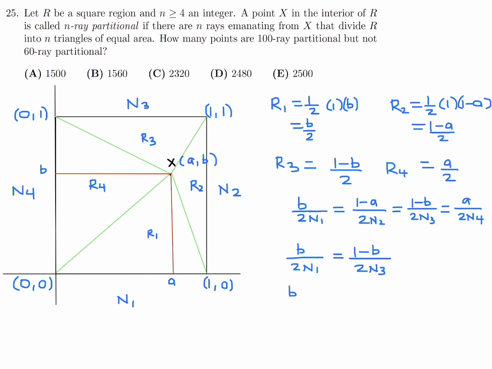So I will only need to cross multiply B with N3. And then this will become N1 minus B N1. Put everything on one side and you get B times (N3 plus N1) is equal to N1. And therefore B is equal to N1 over (N3 plus N1). That's going to be very helpful for us.